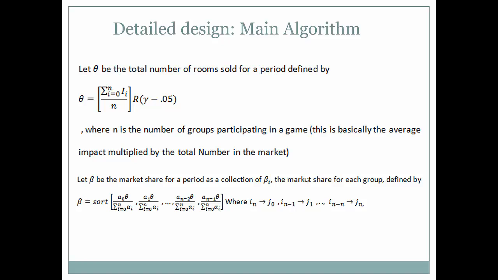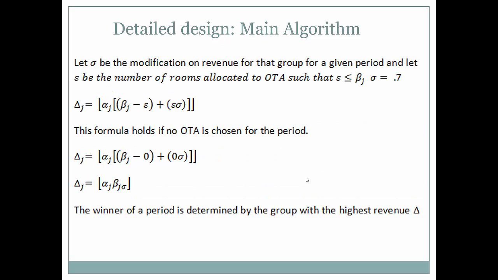You take that in a collection and you place them in order, and then for each market share you do a reverse sort wherein the first group in the list takes the market share of the last group in the list. The reason why we did this is to make sure that as the average rate selected increases, the number of rooms that they actually sell decreases and vice versa.